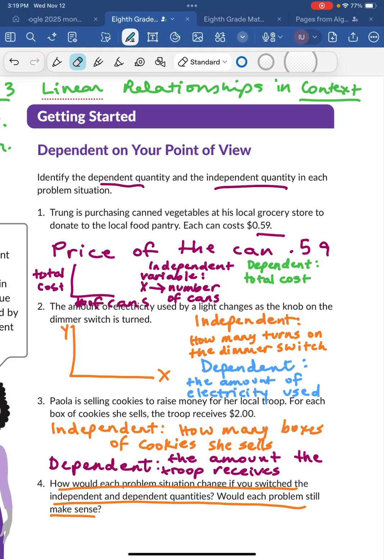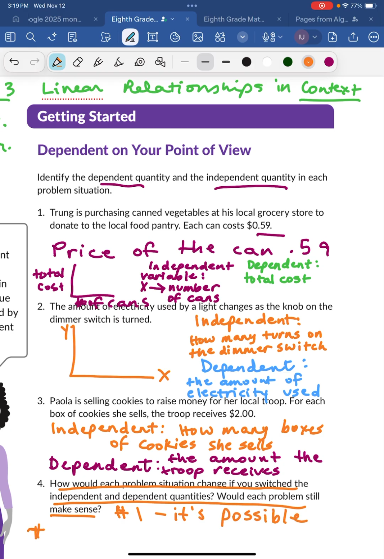But in a real life situation, could we switch the amount of electricity used by a light as the knob on the switch is turned? No. So for number 1, it's possible to switch the variables.